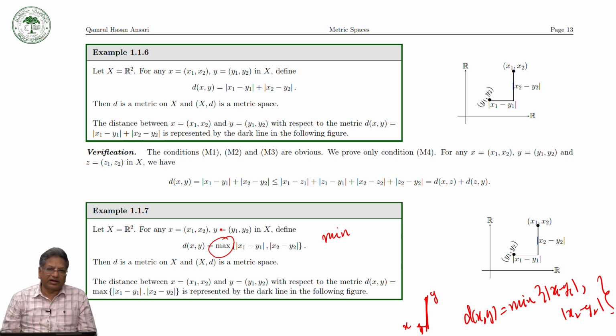So we have seen that we have defined at least 4 metrics on R2. So it is very clear that you can always define more than one metric on a non-empty set X.